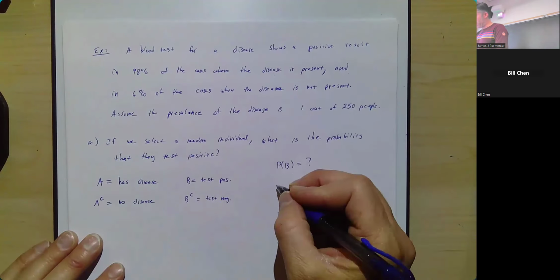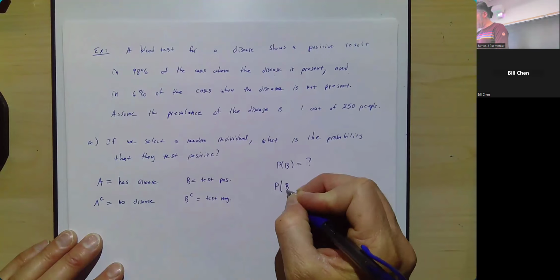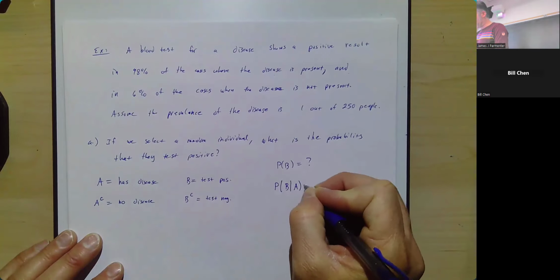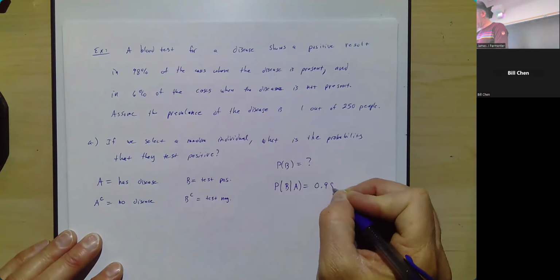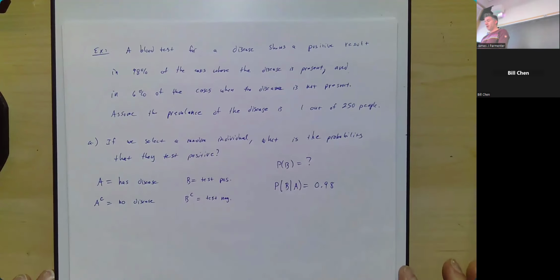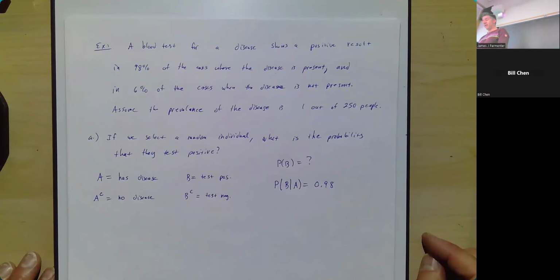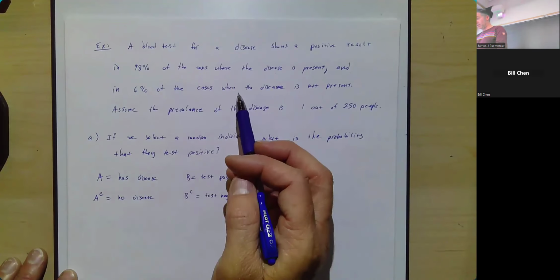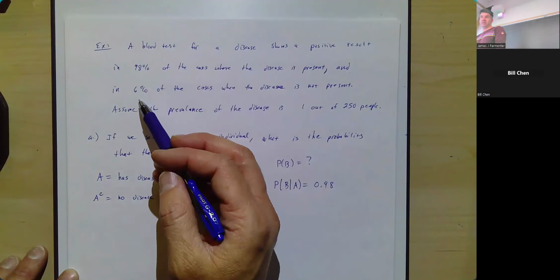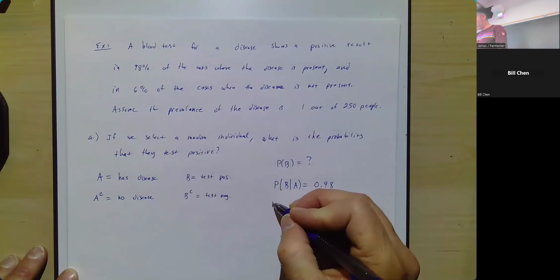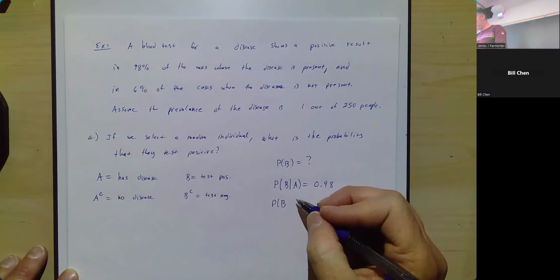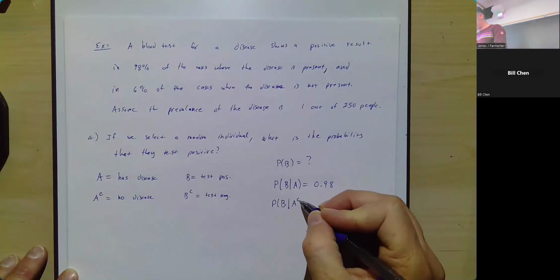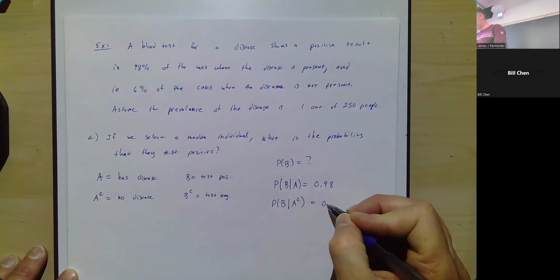So in other words, the probability of B given A is 0.98. We also know that given someone doesn't have the disease, they have a 6% chance of testing positive. The probability of testing positive, event B, given that they do not have the disease, is 0.06.